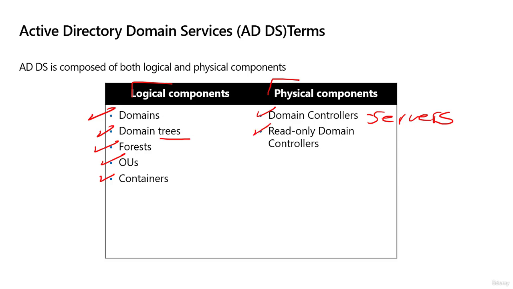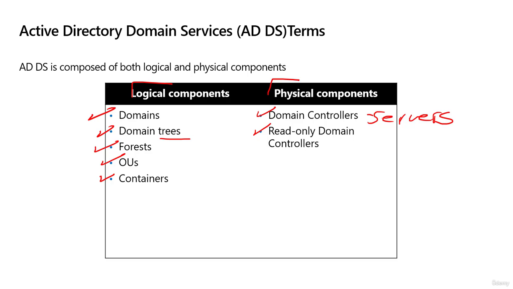And we do have a special category of domain controllers called read-only domain controllers, which maybe you deploy to a branch office, but nobody could log into that domain controller and manage anything within Active Directory itself. So just a read-only copy of Active Directory.